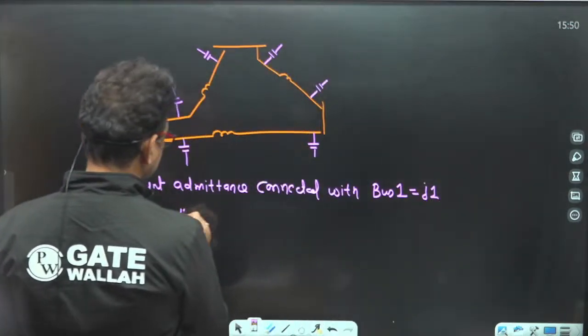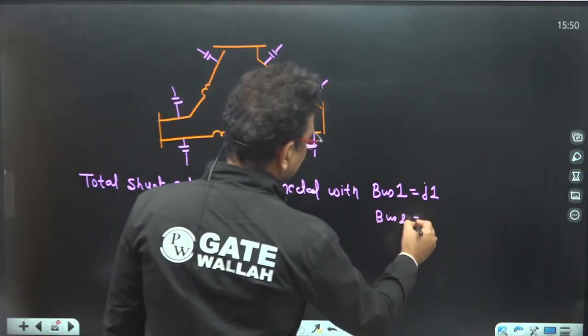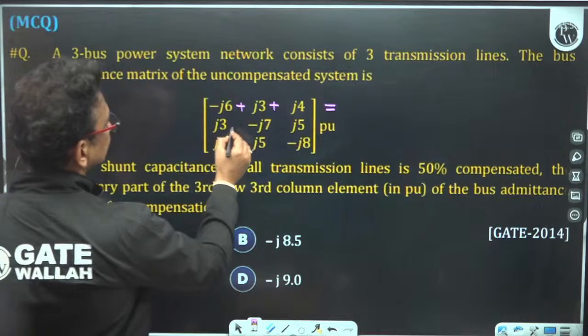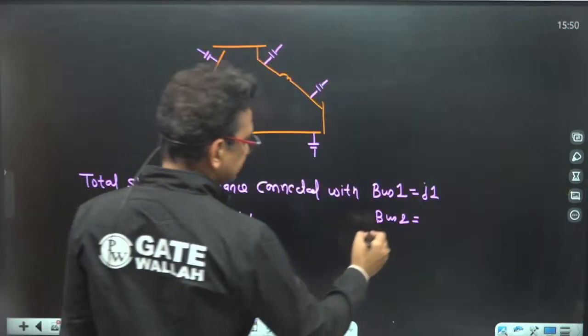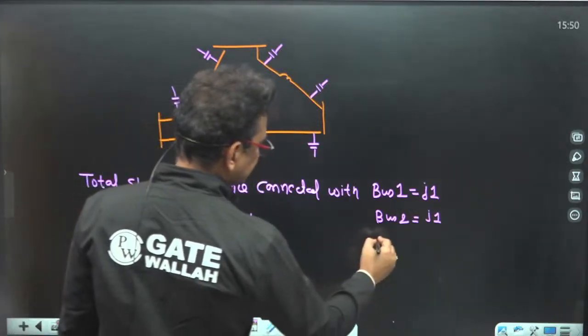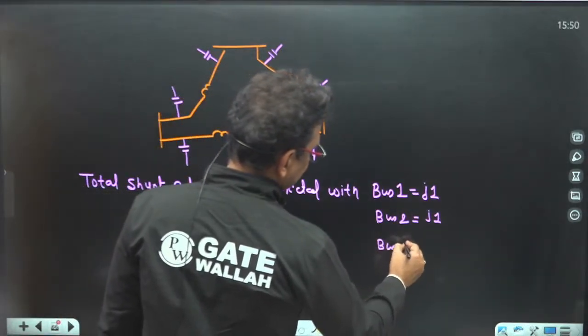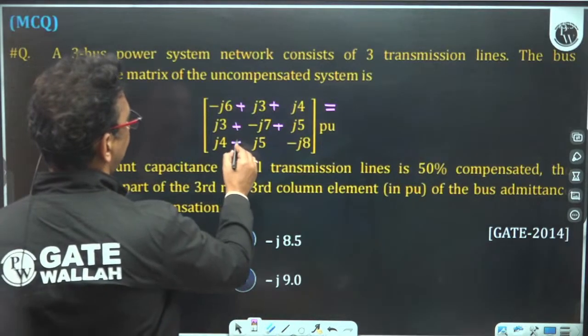Similarly, the total shunt admittance connected with bus number 2 will be the sum of second row elements 5 and 3, 8. Again, it is j1. Third row element 9.